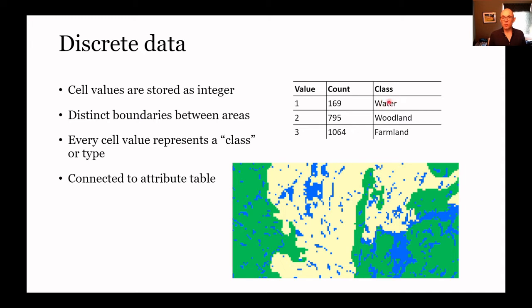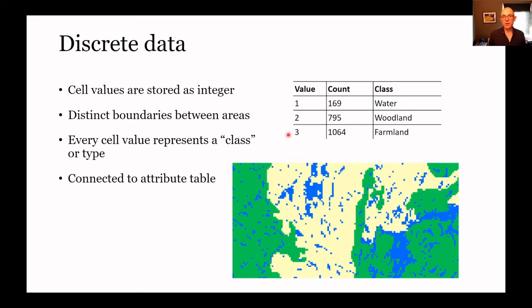This information is stored in an attribute table. And our understanding of what this means is stored in our heads. The colors may be stored in a file associated with this, but more often than not, they are stored by the project that you've created in a GIS program that says wherever you see a value of 1, color it blue. Wherever you see a value of 2, color it green.